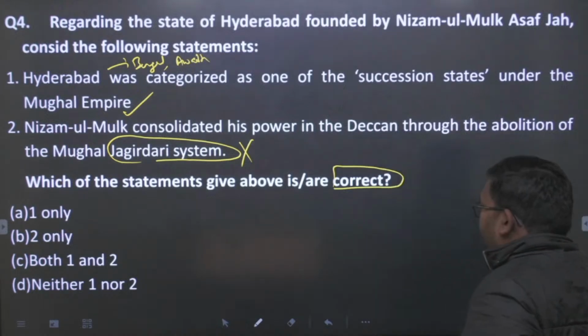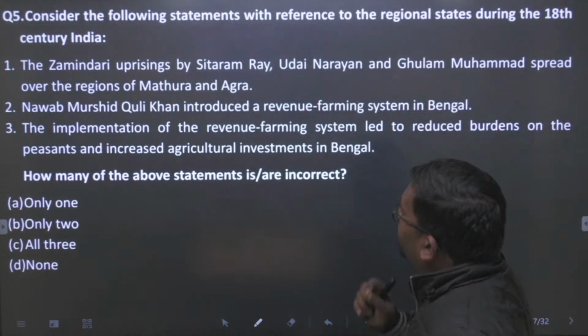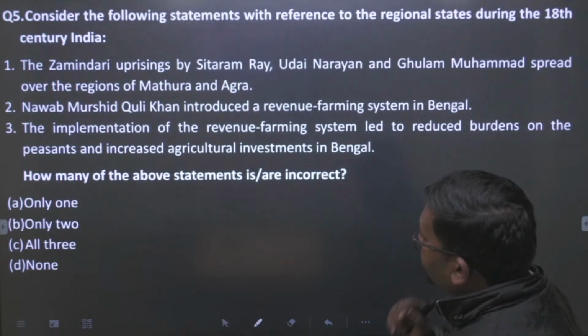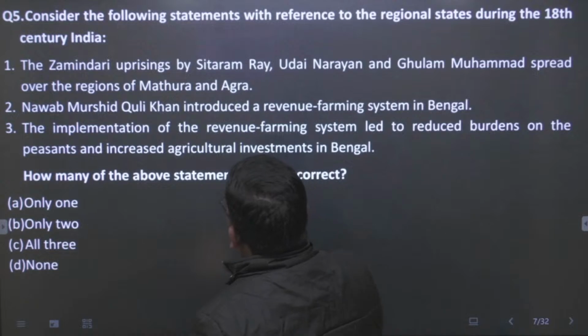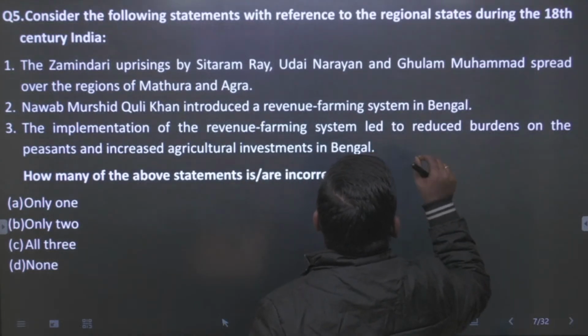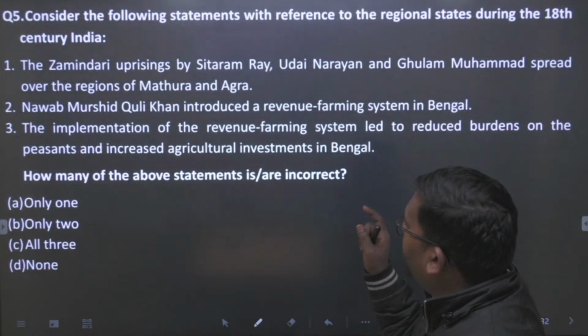Then let us see the other one. Question 5. Consider the following statements with reference to the regional states during 18th century India. First, the Zamindari uprising by Sitaram Rai, Uday Narayan and Ghulam Muhammad spread over the regions of Mathura and Agra.